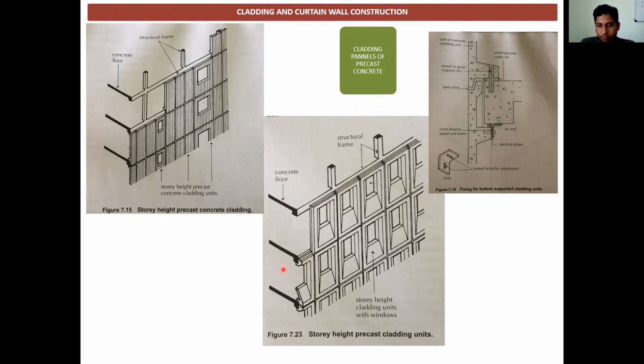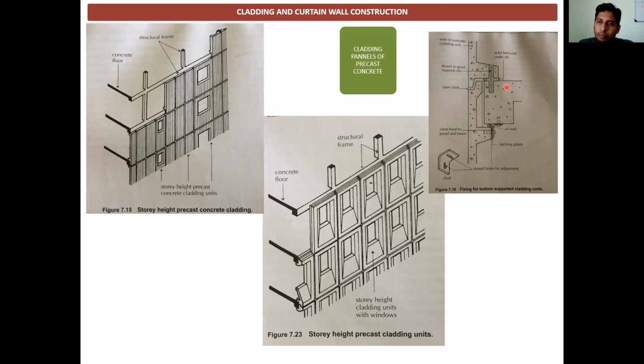These kinds of panels have window openings in them, and the panels are precast on the ground or in the factory and then directly applied at the site. This is the general arrangement system, showing how the first cladding panel is connected with the second cladding panel.